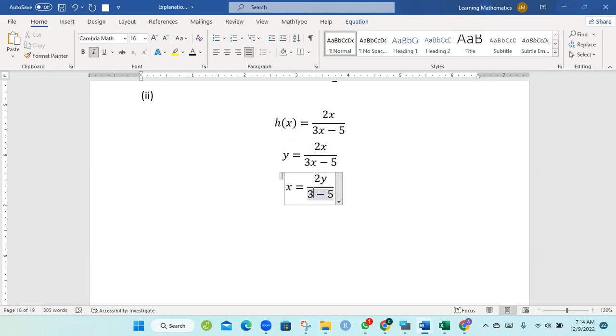Now we have to try to make y the subject of the function. What we have to do is cancel out that denominator, 3y minus 5, by multiplying by 3y minus 5.